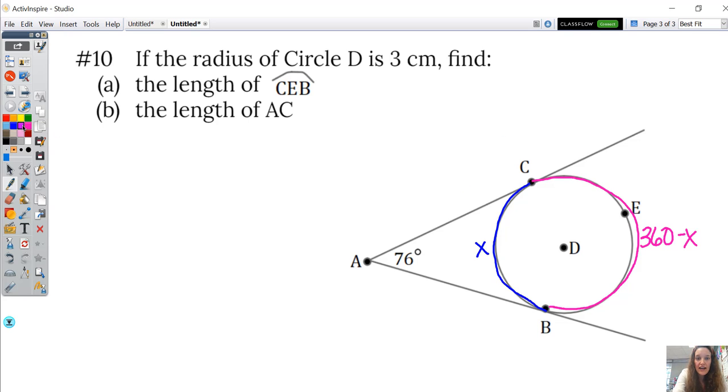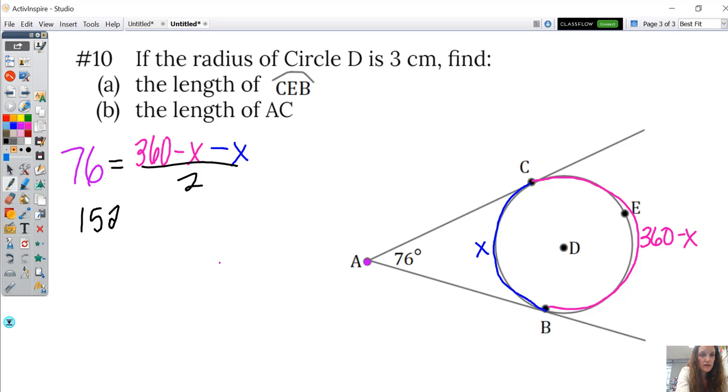So when your angle has a vertex outside of the circle, you do big arc minus small arc divided by 2 equals the angle. So the angle 76 is equal to the big arc, 360 minus X, minus the small arc, divided by 2. So 76 times 2 is 152, is equal to 360 minus 2x.